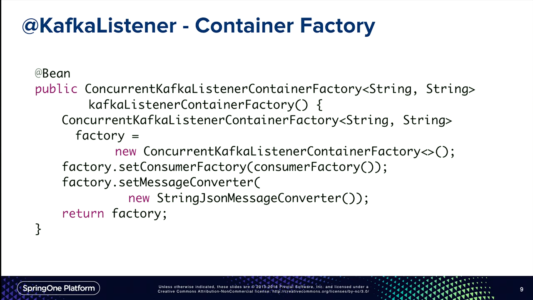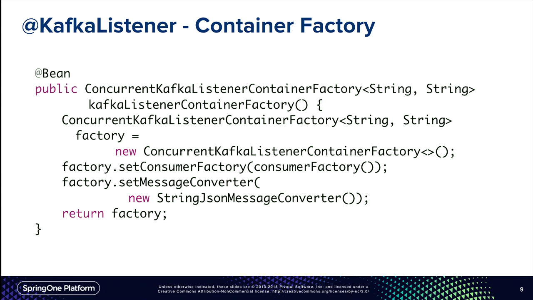As you can see here, as an example, we provided a JSON message converter to the factory. So you can configure the factory so that the listener containers that are created for these @KafkaListener methods are customized for each one. But as we'll see in some of the demos, you can have multiple listener container factories with different configurations.